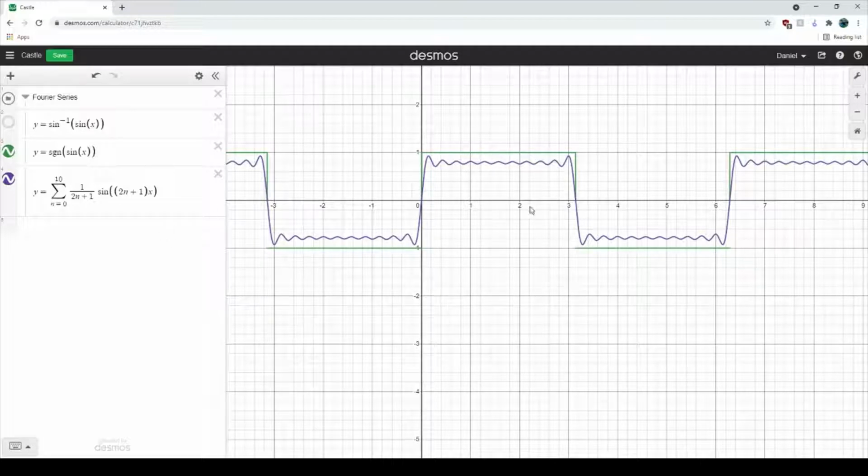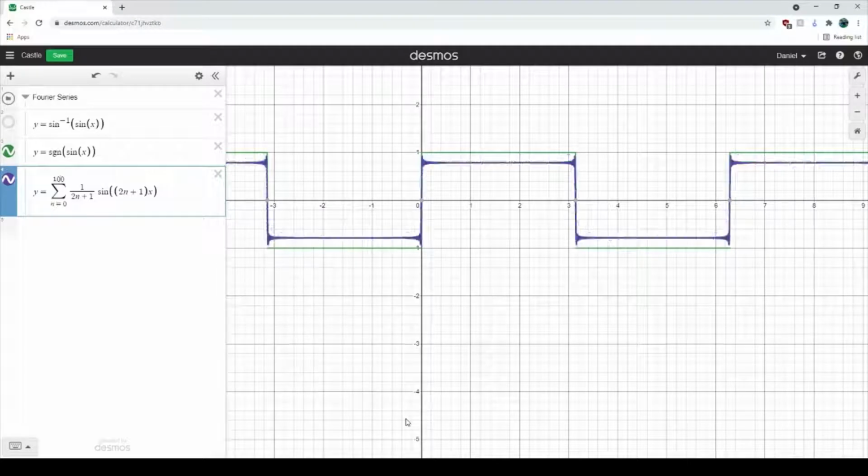Fourier series approximate harmonic equations, or cyclical equations, like this one here. And obviously, if you add more terms, you can get a more accurate approximation.